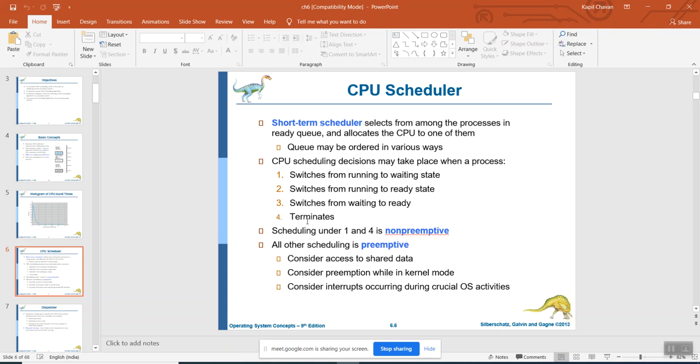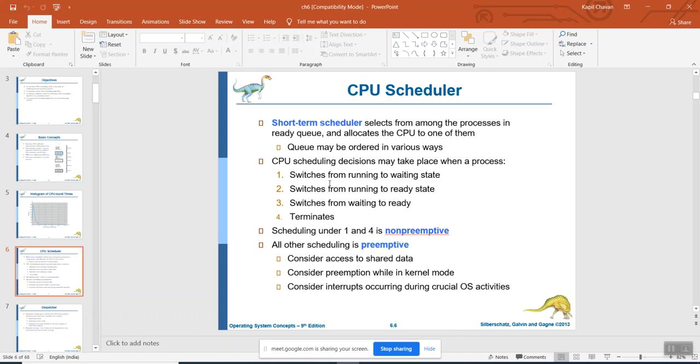The fourth one is terminates. When one of the processes moves from the running to the waiting state, or if it terminates, that is non-preemptive, meaning we cannot stop it. And when it switches from running to ready state and waiting to ready state, it is preemptive.